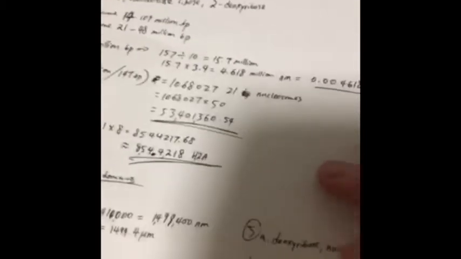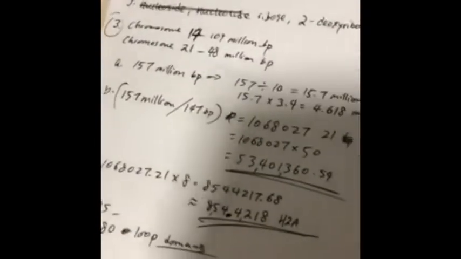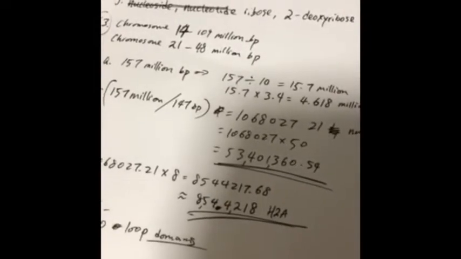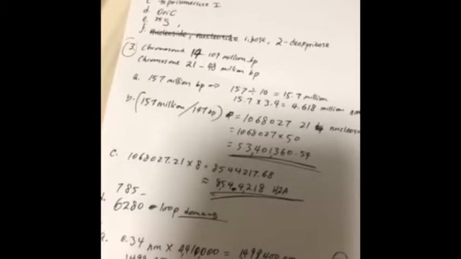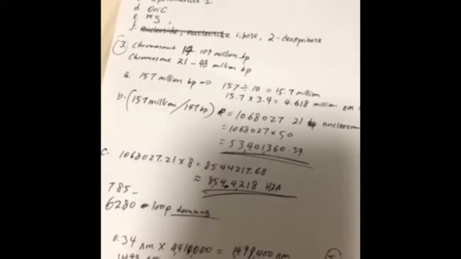Finally, it asks us for D, how many radial loop domains would you expect to find within this translocation chromosome? So for loop domain, we know that there's usually, I believe, let's see.